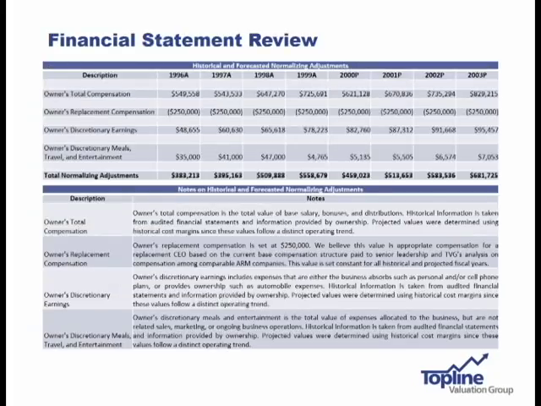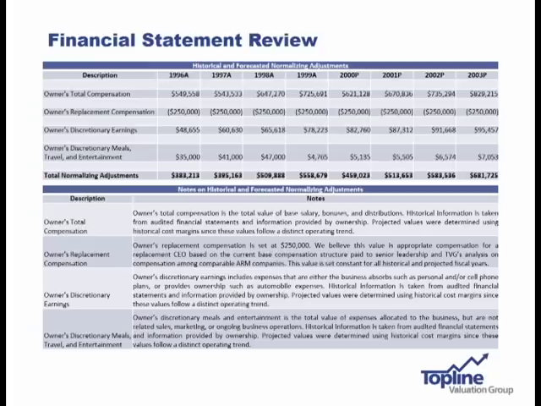Our next slide is what I previously mentioned regarding normalizing adjustments to a company's EBITDA or operating net income, or any cash flow metric that we decide is best for this company. Here are examples of some general normalizing adjustments that you'll see. You're taking out your total owner's comp and adding back a reasonable replacement comp.